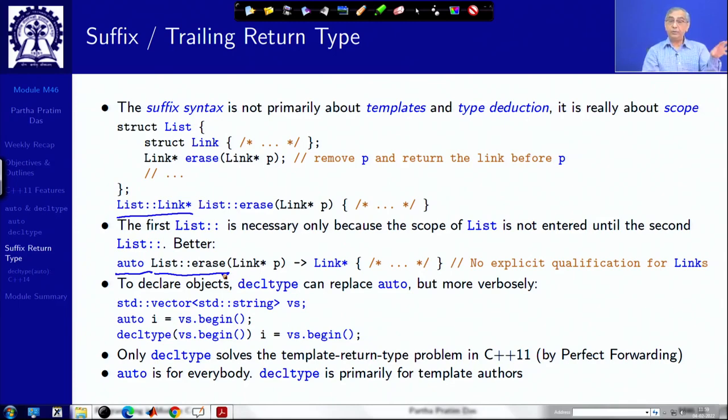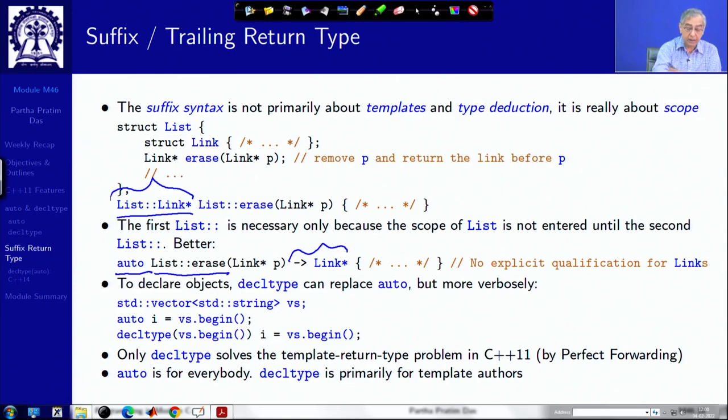So, you write auto because this is necessarily the return type, and then you put the return type as a suffix, pointer link*. So, there is no specific qualification for the link that you need, because the compiler will be able to deduce that from the suffix notation itself in the auto, right.